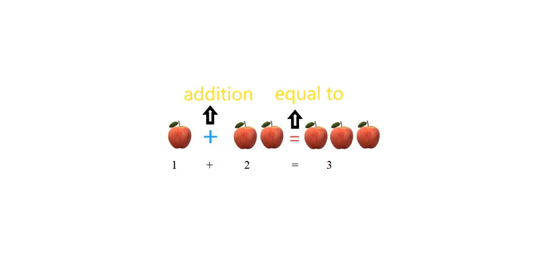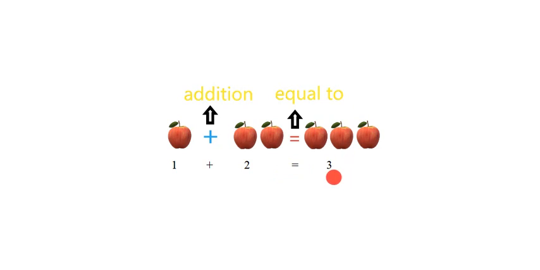Now, if you have 1 apple and your mother gives you 2 more apples, then how many apples do you have altogether? Let's count: 1, 2, 3. You have 3 in total. So we can say that 1 apple plus 2 apples equals 3 apples.